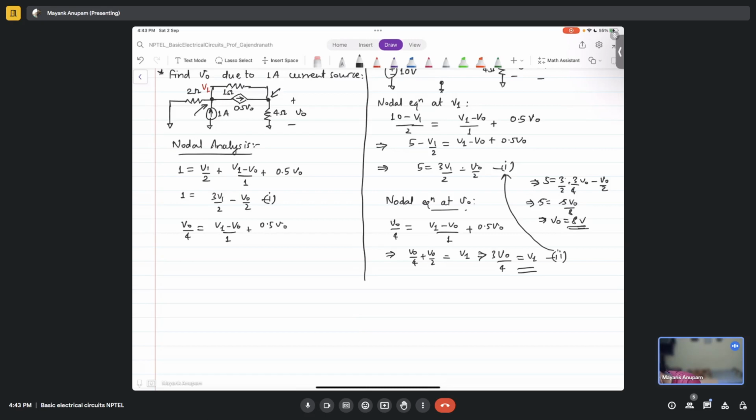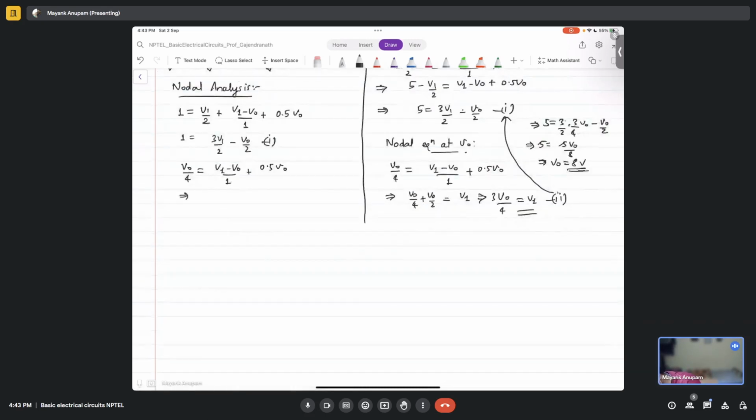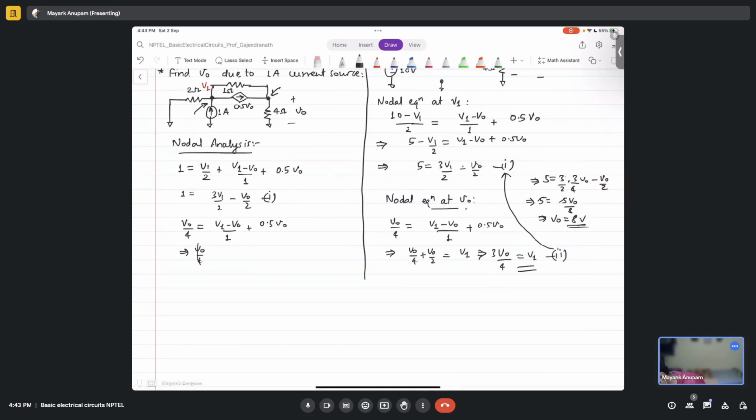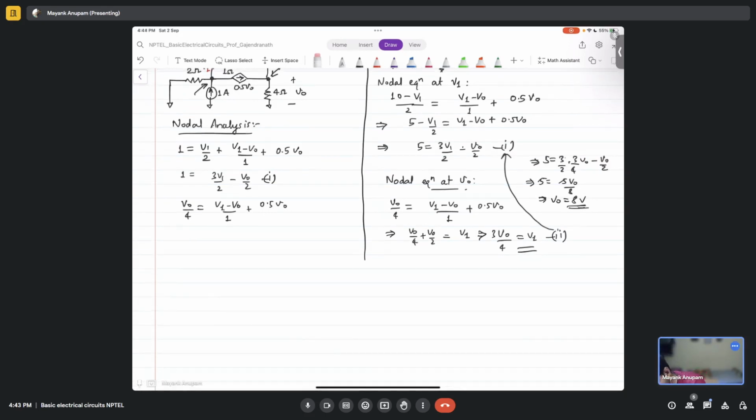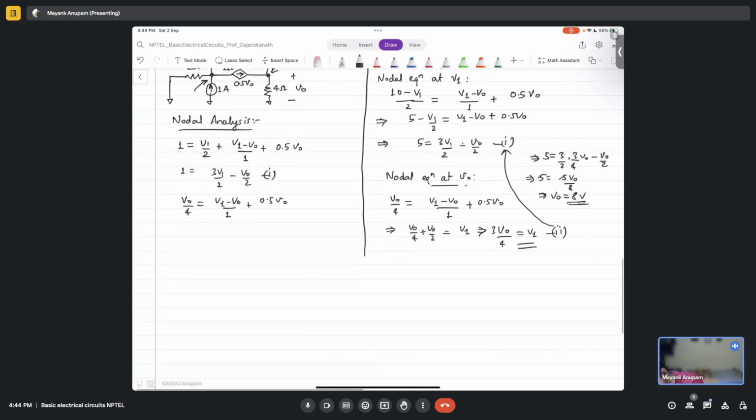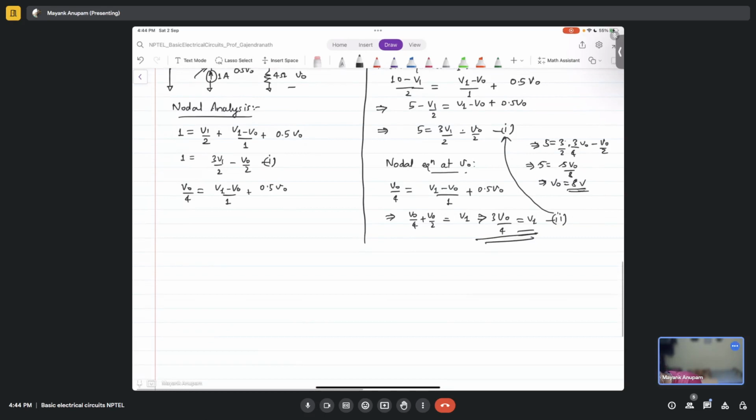This will give me again the same thing, right? V0 by 4. So we already have solved this, right? We'll get this equation itself. So from here we get 3 V0 by 4 is equal to V1.